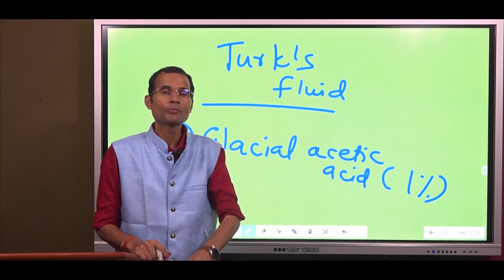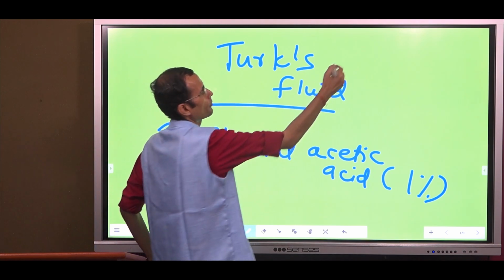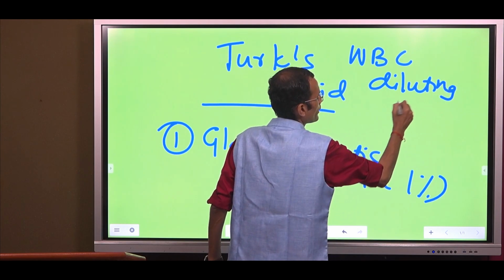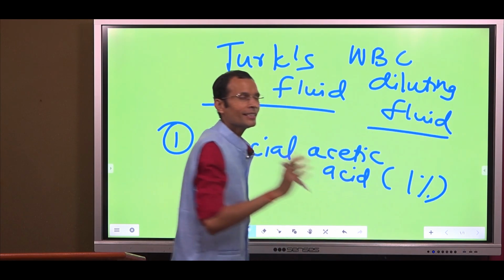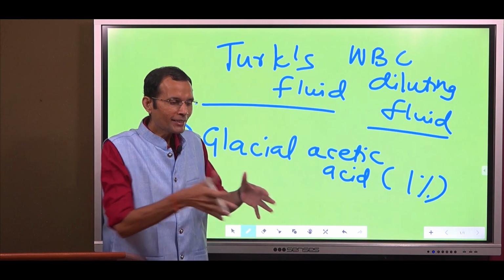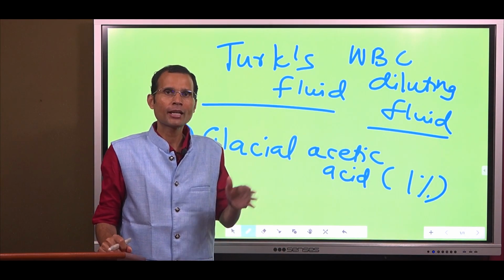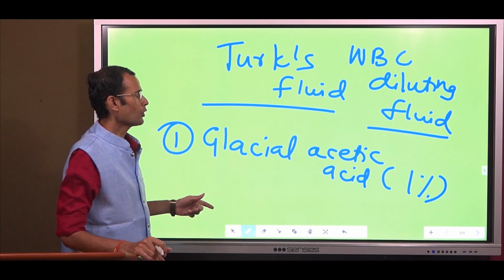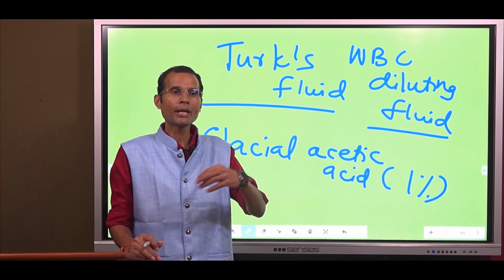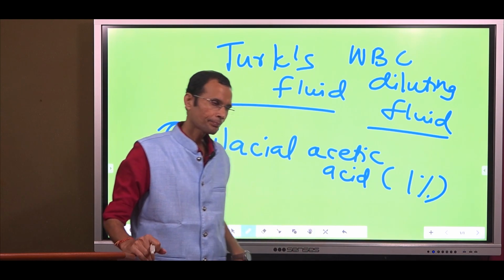Are you with me so far? We are now talking about the WBC diluting fluid. It will be used to count the WBCs. And you know, there are going to be lots of RBCs in that sample. We don't want those RBCs to interfere with our count. Therefore, glacial acetic acid 1% will break open the membranes of RBCs and to some extent also the WBCs.